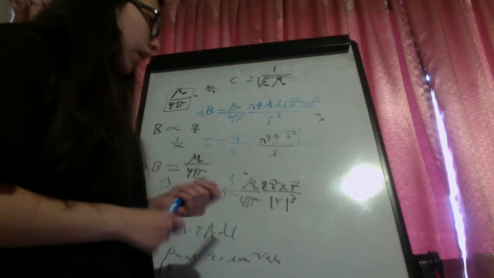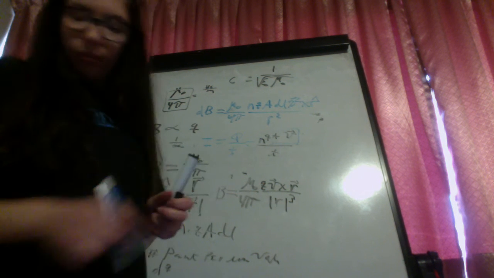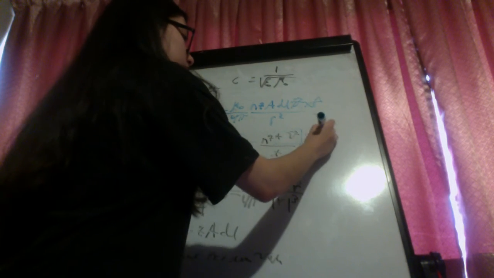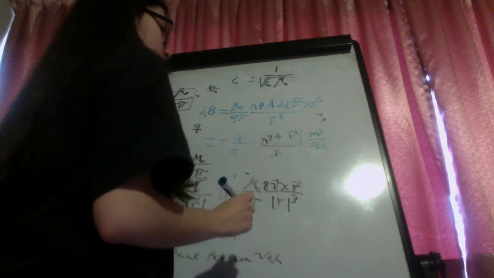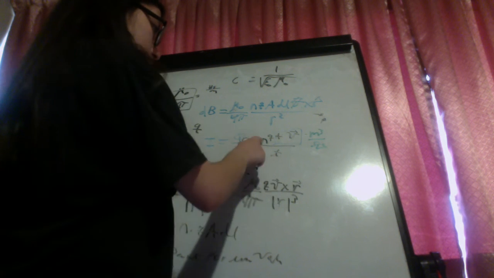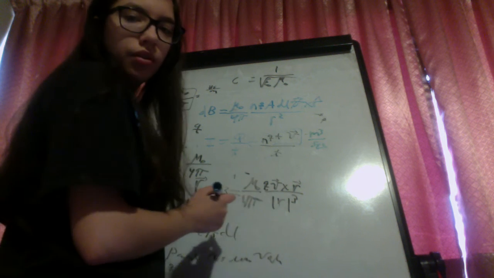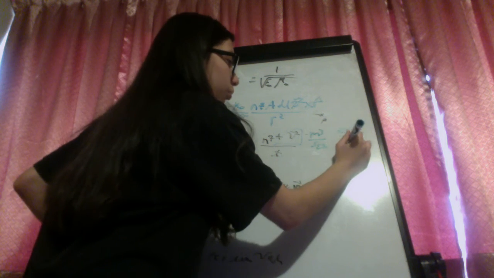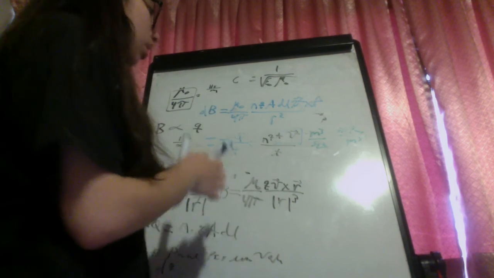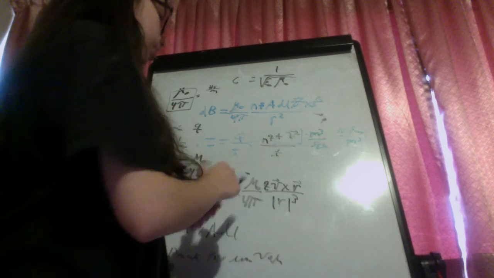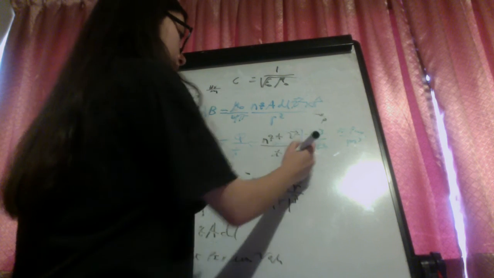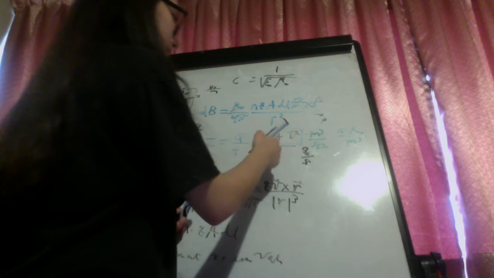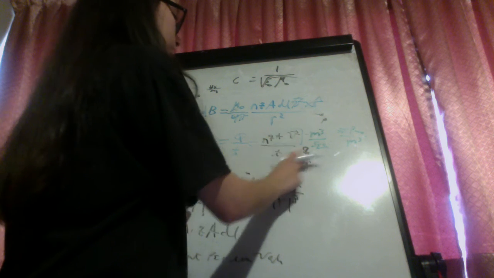So this is flow, and the units of flow are cubic meters per second. Then I have n, that is the number of particles per volume, per cubic meter. And then I have the charge, divided by time, let's say second.